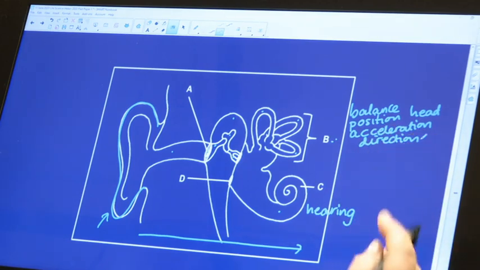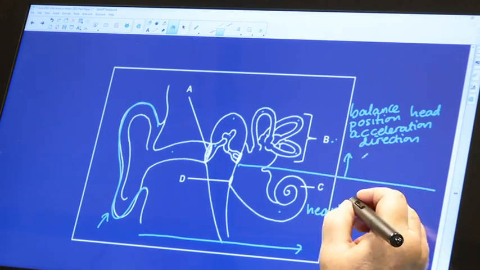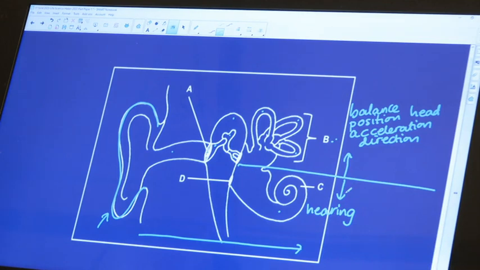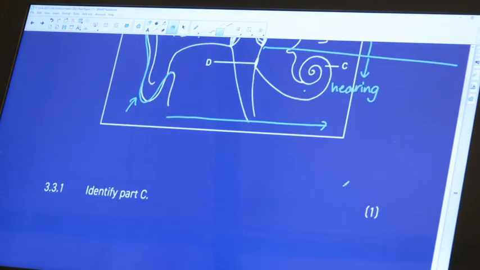And so you would have said, right, that part of the ear deals with those aspects, and this part of the ear deals with hearing. All right, we've familiarized ourselves with what's going on. Let's start looking at the questions.